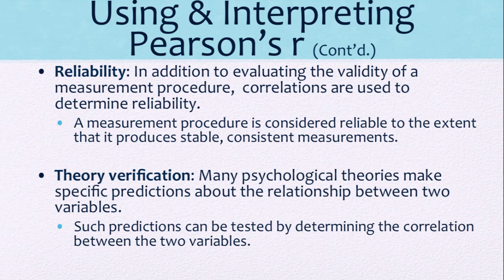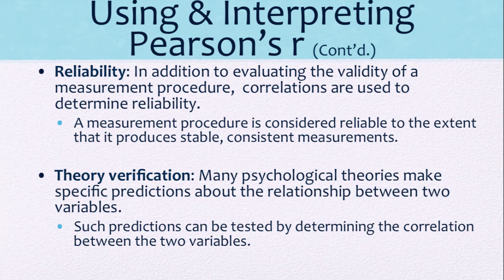Similar to evaluating the validity of a measurement procedure, we can also use correlations to determine reliability. A measurement procedure is considered reliable to the extent that it produces stable, consistent measurements. For instance, let's say I wanted to measure the type A personality trait.